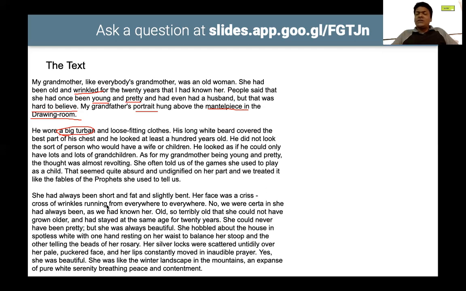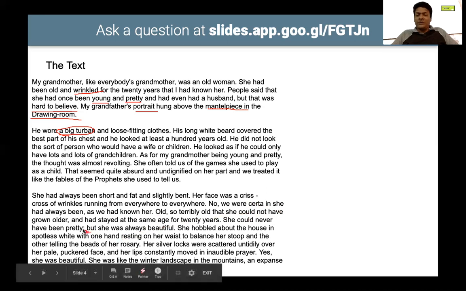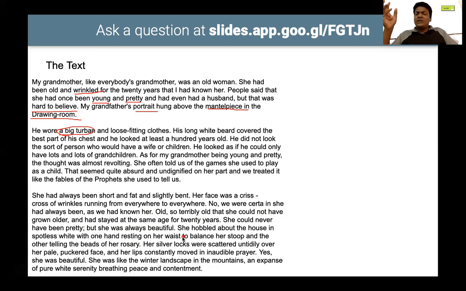No, we were certain she had always been. So the author had a thought that such kind of appearance, she had always been.